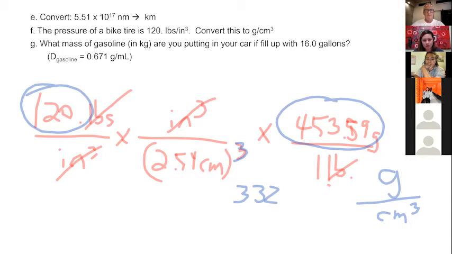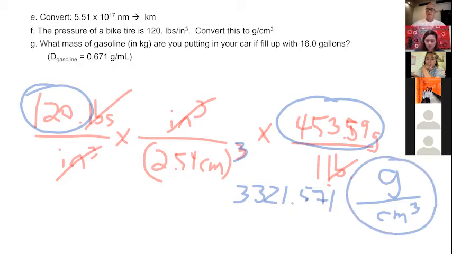Okay. It's just for the cube. So your final answer is 3321.571 grams per cubic centimeter.